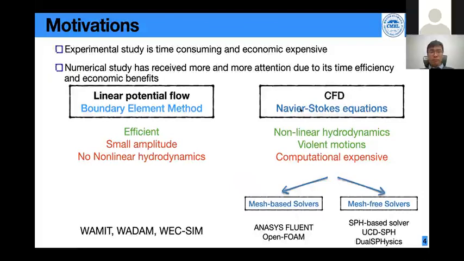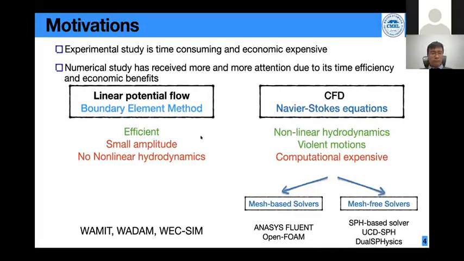One is the linear potential flow, which is based mainly on BEM, and this approach is efficient and fast. However, this approach cannot simulate the nonlinear hydrodynamic effects of the fluid when it interacts with the structure. Also, only small amplitudes of the structure can be modeled. Here we list several solvers based on the linear potential flow.